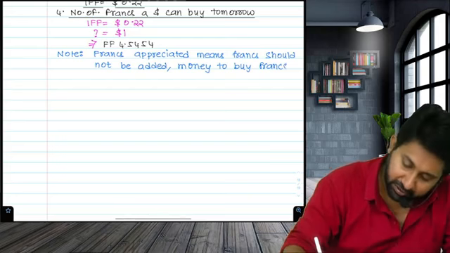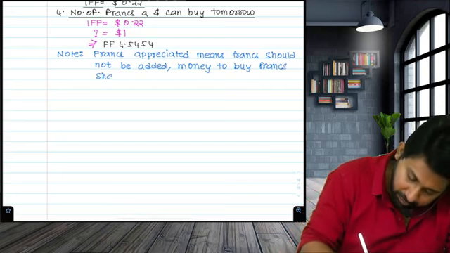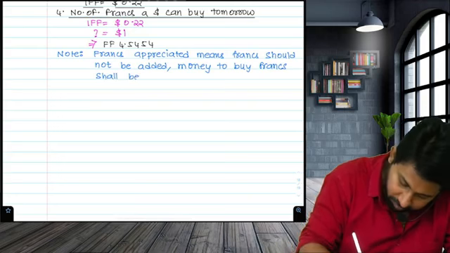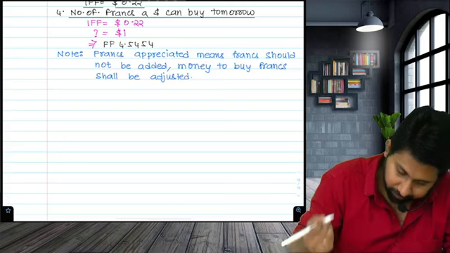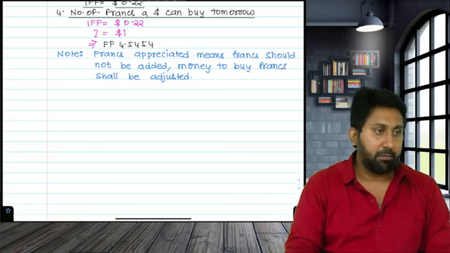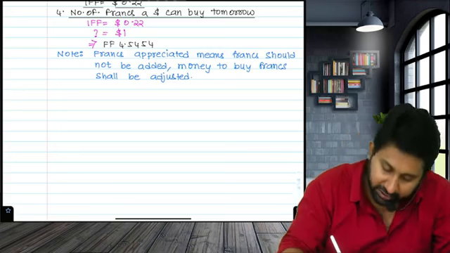The money to buy the francs shall be adjusted.